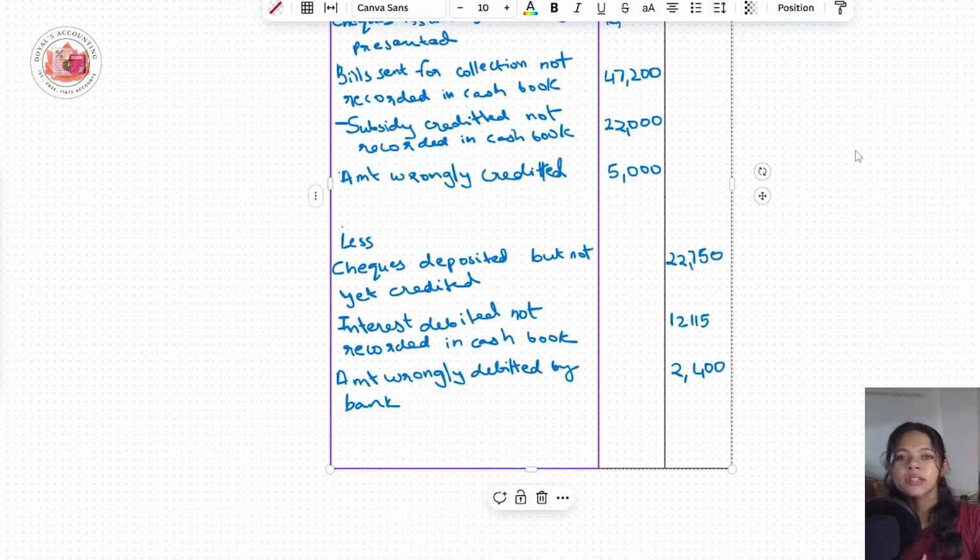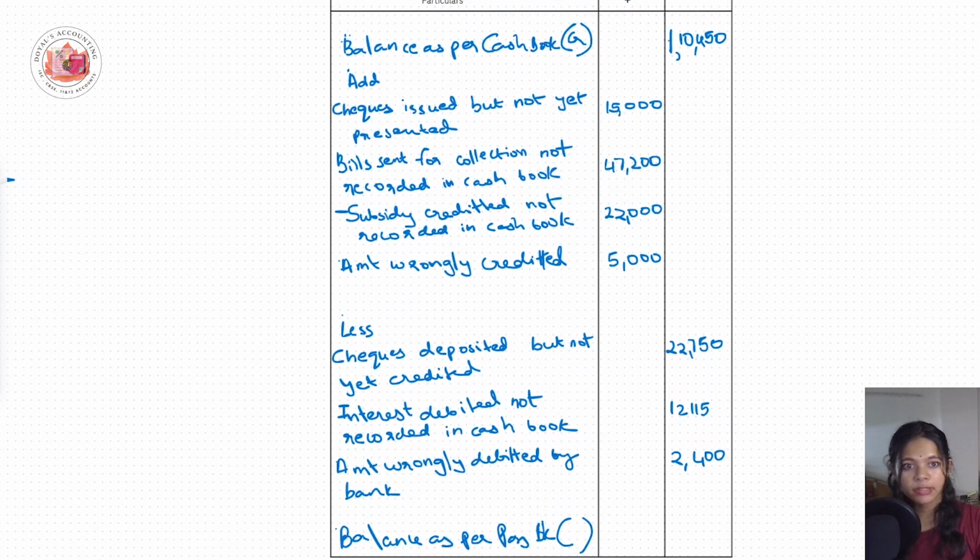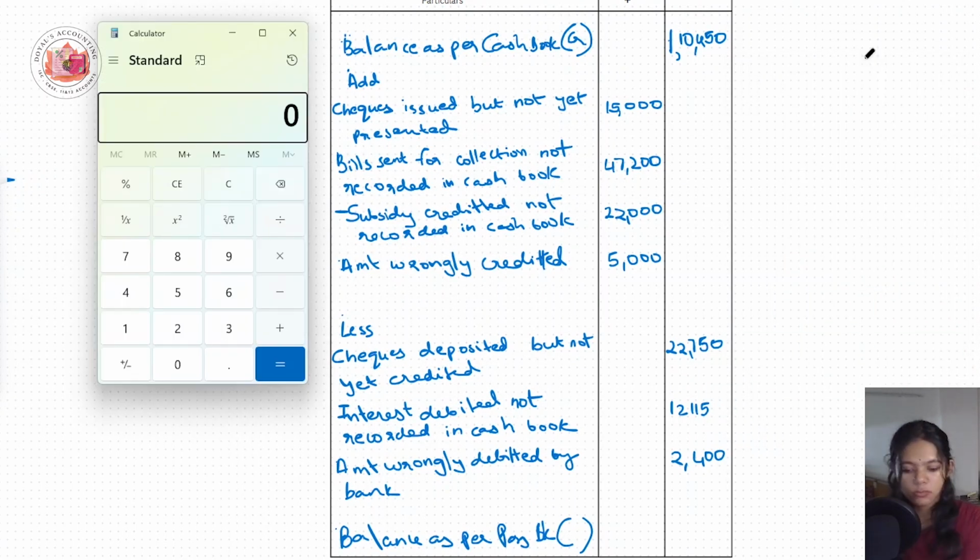Now all the transactions have been recorded. So I'm going to calculate my balance as per the passbook. I won't write the balance yet. After I compute the figure, I will enter the balance and write whether it's a favorable or an unfavorable balance. So minus 110,450 because it's an unfavorable balance, remember.